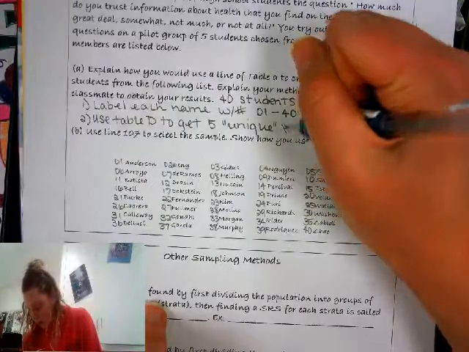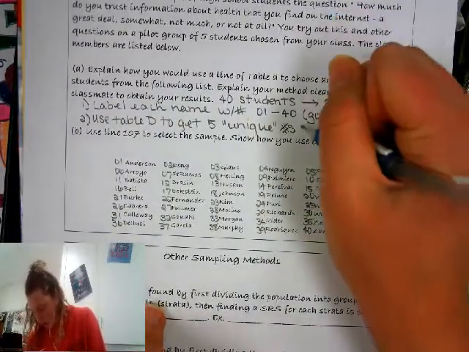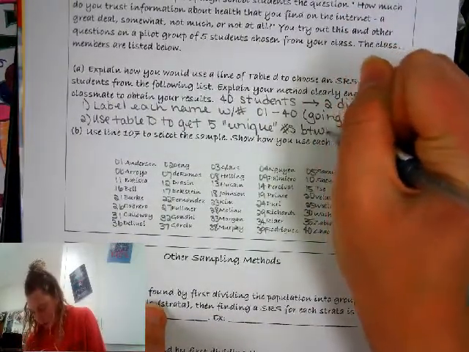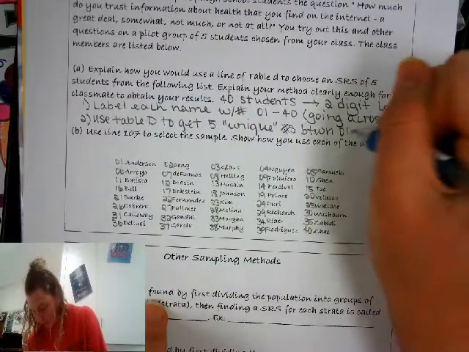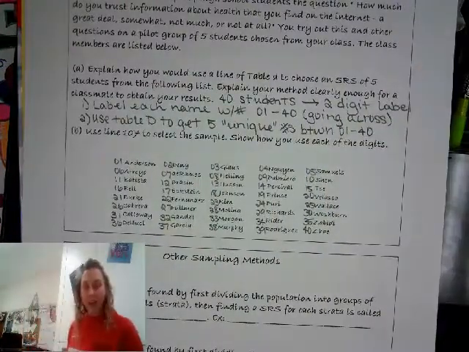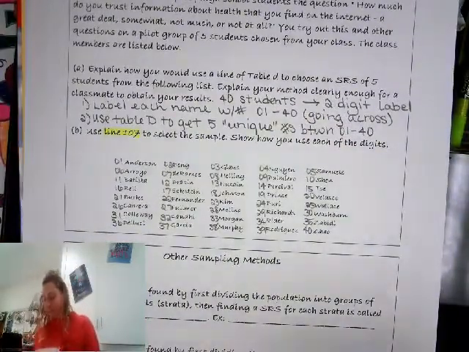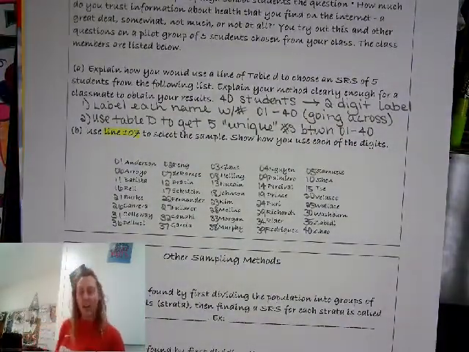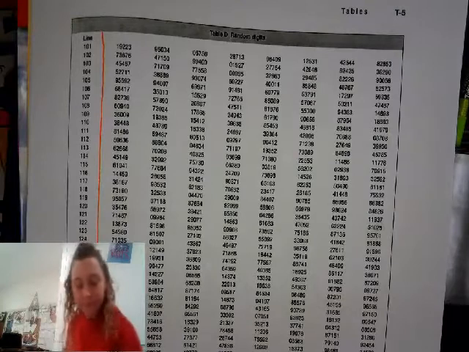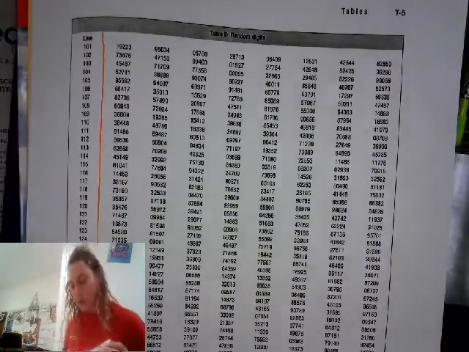Between 01 and 40. All right, and oh, I do say it. In B, it says use line 107 to select the sample. I was like, usually it tells you the number. All right, so line 107. I'm going to use this. Ignore the see-through stuff. Line 107.